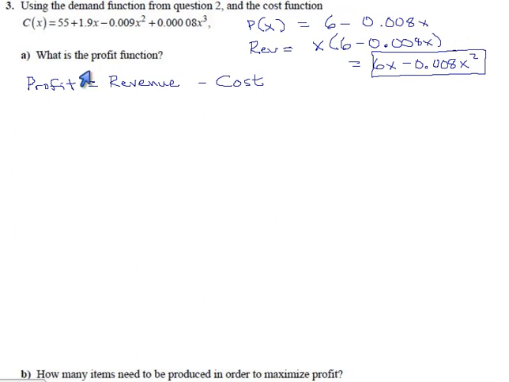And now we're ready to write profit equals revenue minus costs. I'm going to keep writing out profit because I don't want it to get confused with this price function up here.